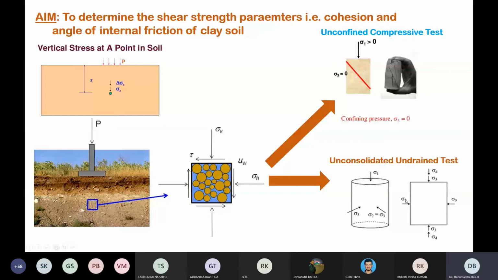Then we increased the sigma D until the sample failed under shearing condition. In both of these cases, our intention was to determine the shear strength parameters, that is cohesion and angle of internal friction of clayey soil.